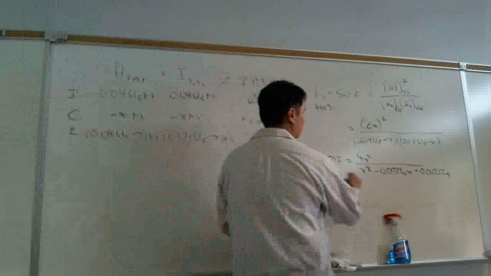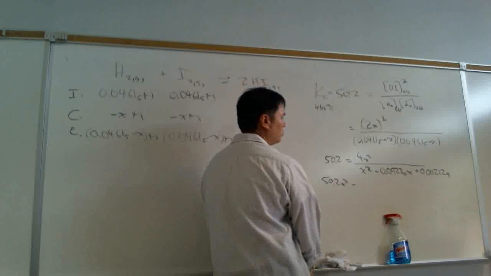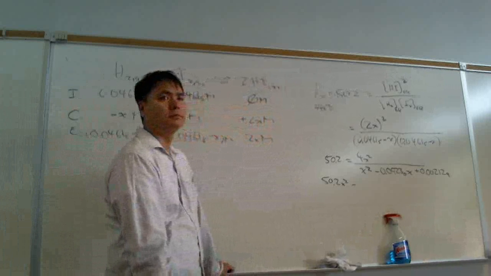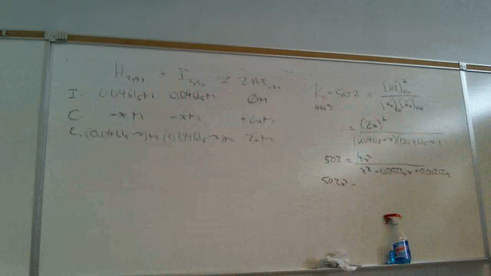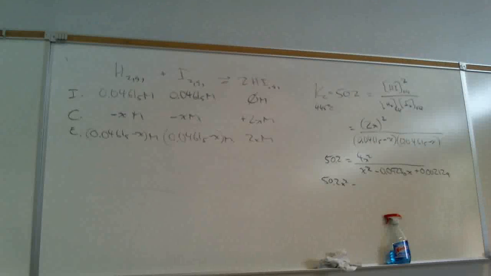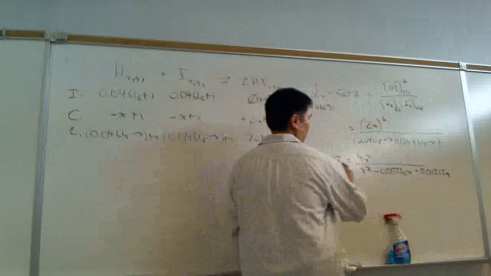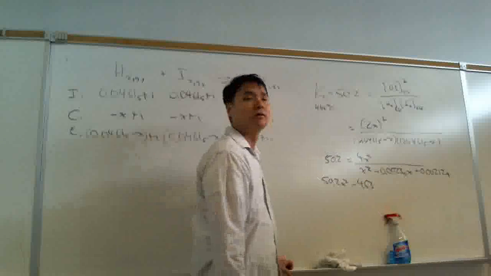All right, then continuing with this, let's multiply both sides. So this is 50.2x squared minus, what's 50.2 times 0.0923? What is it? 4.633.